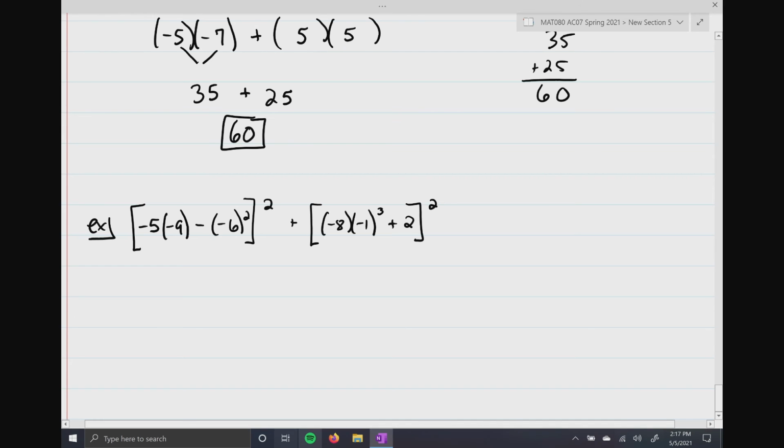What is the purpose of brackets? Doesn't it show where you need to start first from left to right?